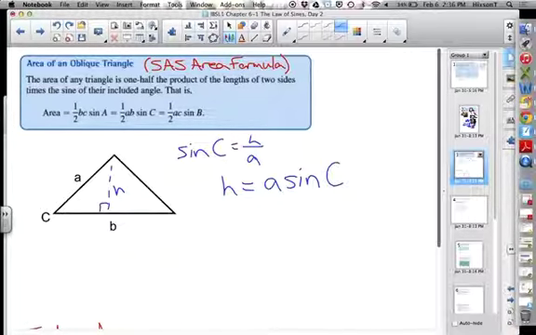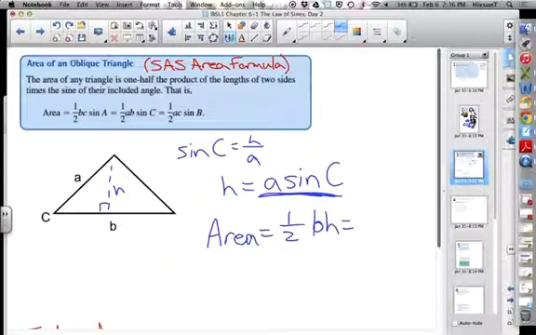Because if you know two sides and the angle between them, then you can find the area by using the 1/2 base times height formula and plugging in this height. So it's 1/2 times the base times the height.